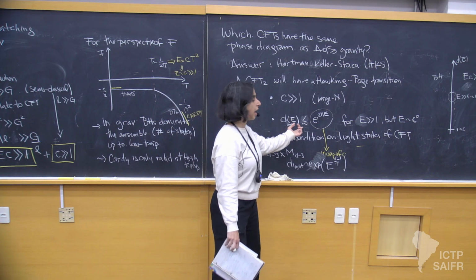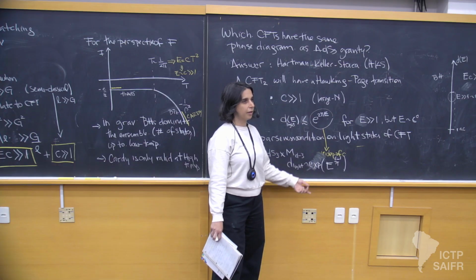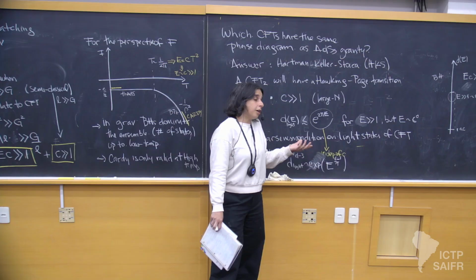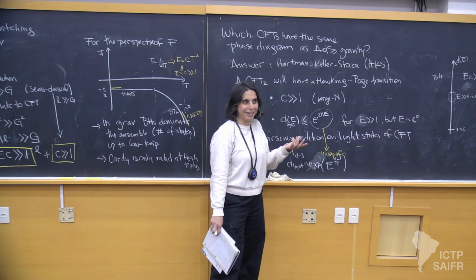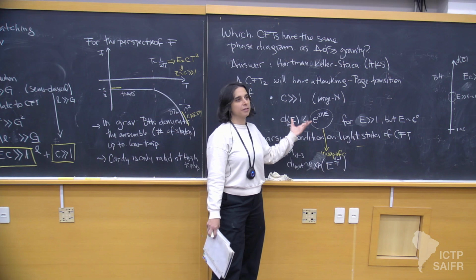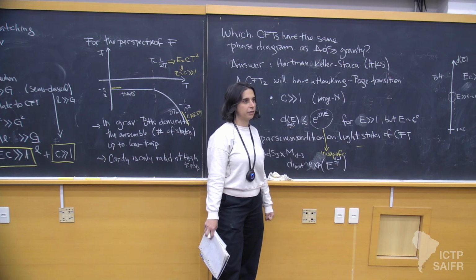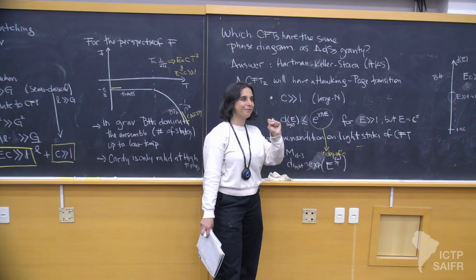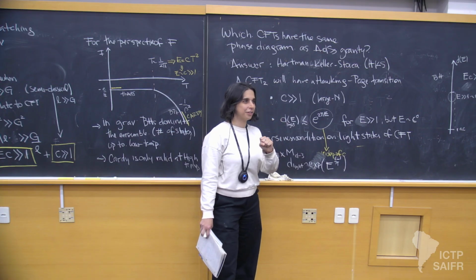It still allows Hagedorn, so unfortunately, that's why it's still a non-trivial condition, but it's not stringent enough. It's kind of funny that theories that have Hagedorn-like growth still admit a Hawking-Page phase transition. So it's again necessary, but not sufficient.